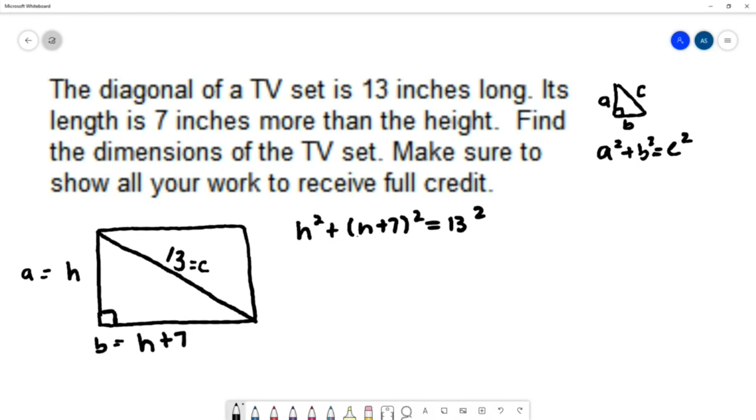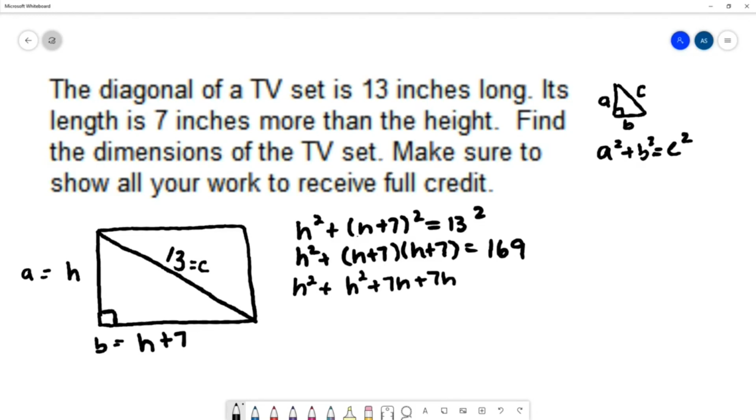And I'm going to simplify this equation by getting rid of the parentheses. (h plus 7) squared is h plus 7 times h plus 7, and 13 squared, that's 169. So when we multiply h plus 7 times h plus 7, we would have h squared plus 7h plus 7h plus 49 equals 169.